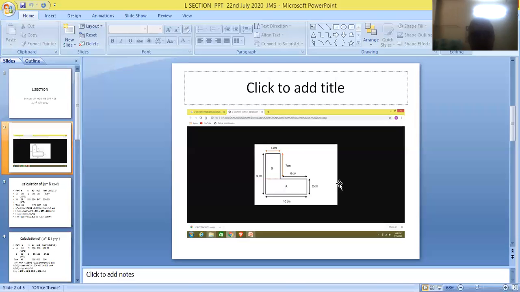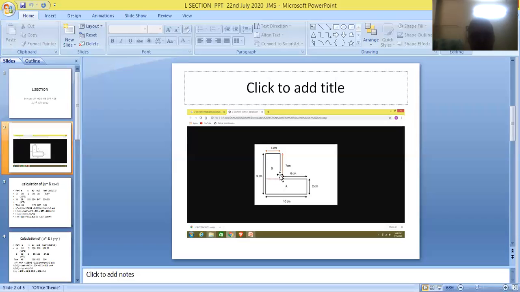And friends, finally, this total distance is given as 9 centimeter, but we are dividing the section into 2 components using a horizontal line. So therefore, this is the second component.